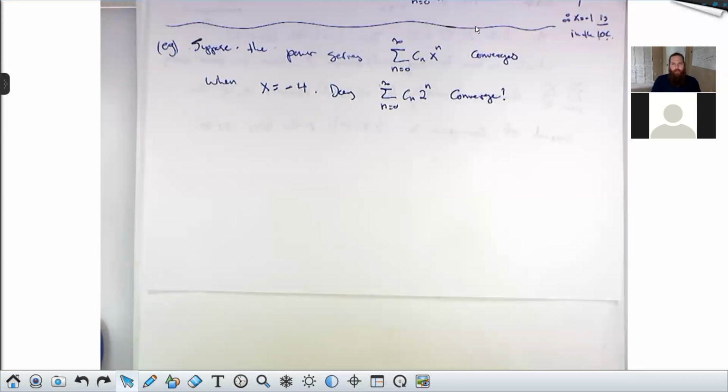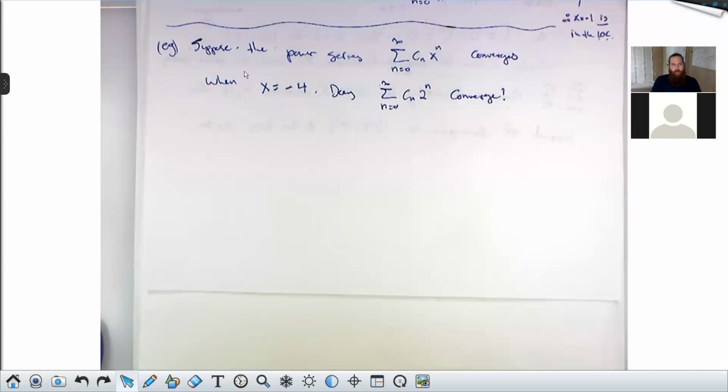But let's think about this. We've just got a few minutes here. Suppose the power series sigma Cn x to the n converges when x is equal to -4. What can we say about the series Cn 2 to the n? In other words, can I say anything about the interval of convergence from this?